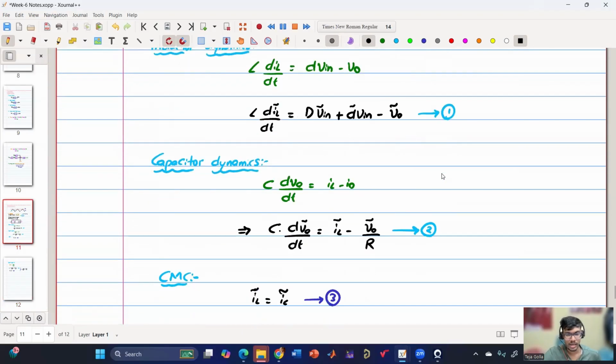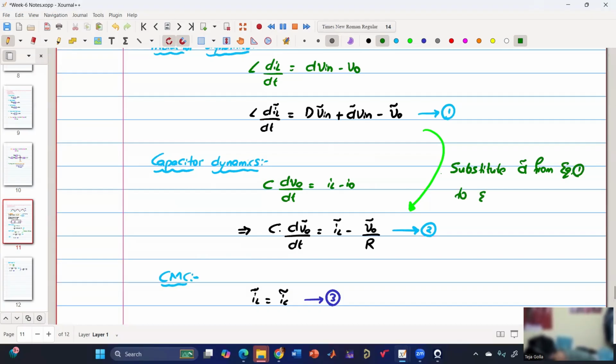But in the case of other converters like boost or buck boost, what you basically have to do is substitute d tilde from equation 1 into equation 2. So in the boost converter, you will get one d tilde dependent term.